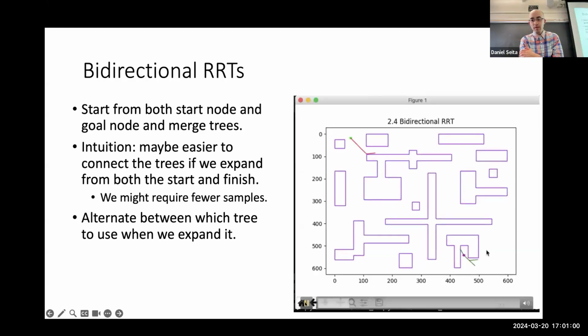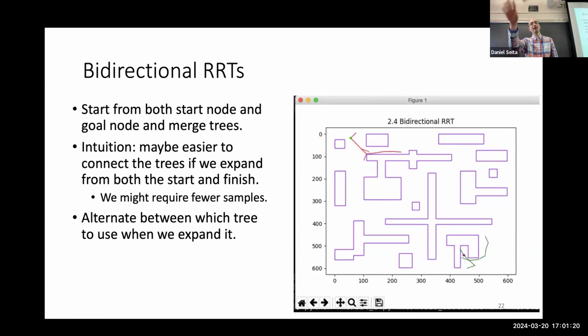This is the start, this is the end, and you just keep growing the tree, and the box-like things are obstacles. Then you just alternate which tree you keep growing. This is how it looks if you plot it and animate it.